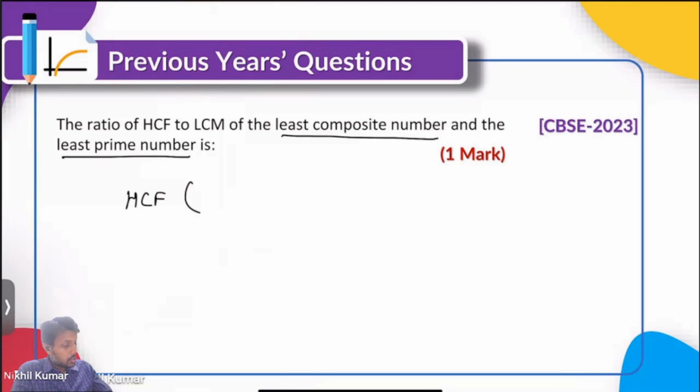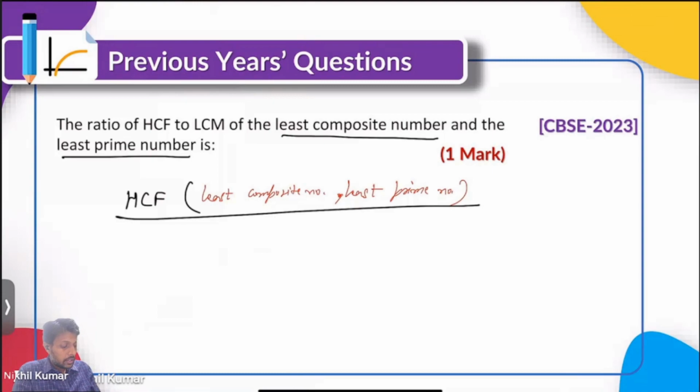So let me write least composite number and least prime number upon the LCM of the same two numbers. Instead of writing this entire thing, now I'm going to just write down what is the least composite number, by the way.